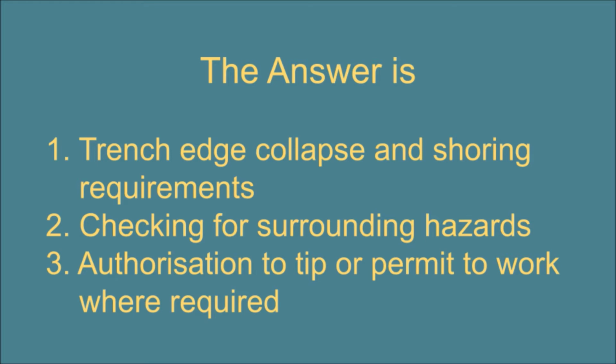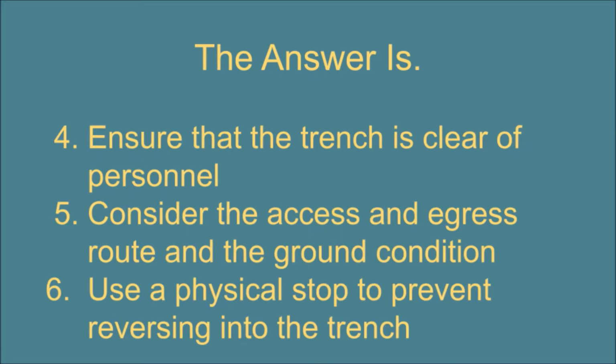Checking for surrounding hazards. 3. Authorization to tip or permit to work, where required. 4. Ensure that the trench is clear of personnel. 5. Consider the access and egress route and the ground condition. 6. Use a physical stop to prevent reversing into the trench.